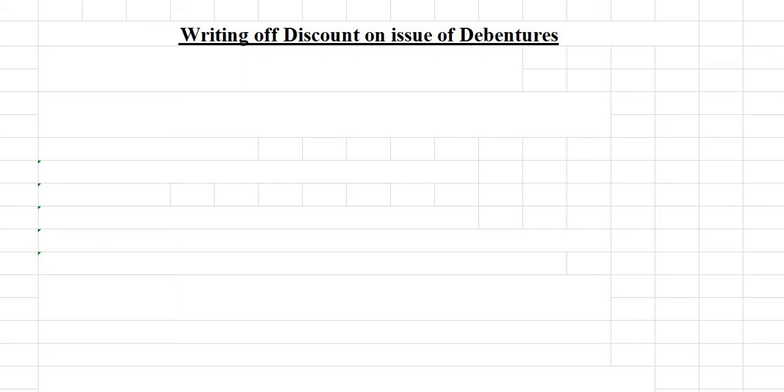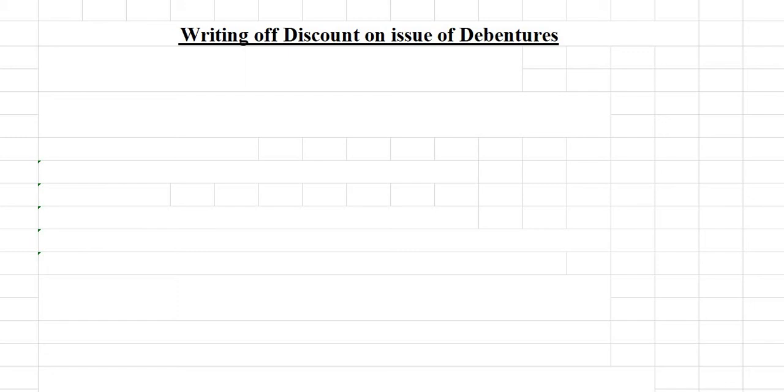So this loss is to be written off from the profit and loss account, and we have two options. One, we can write off from the securities premium account. If we already have a securities premium reserve balance, we have to write off first from the securities premium reserve, and afterwards if something is left, that should be written off from the profit.